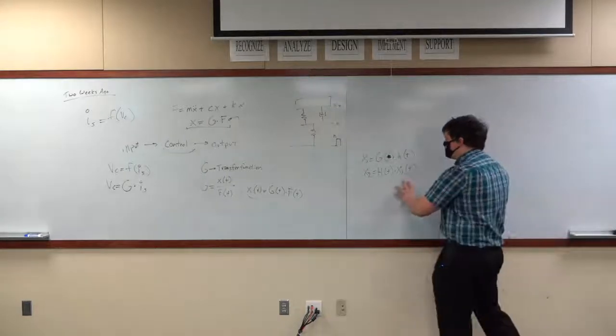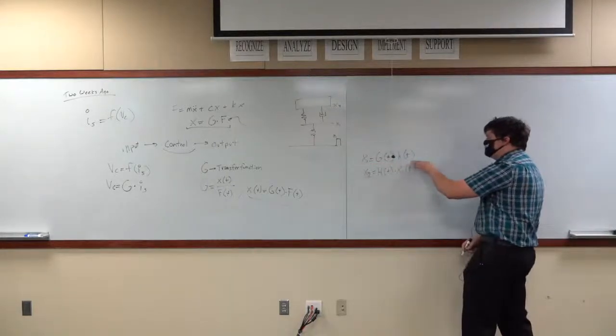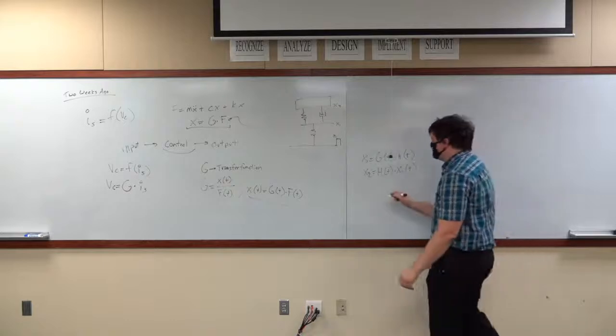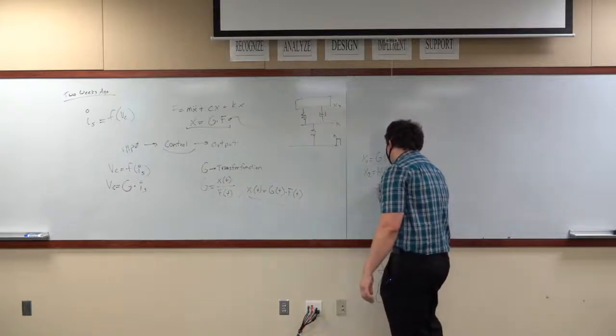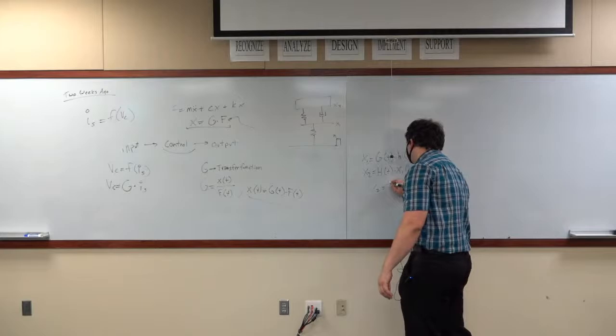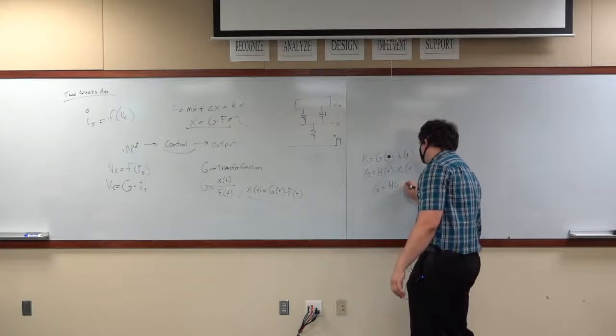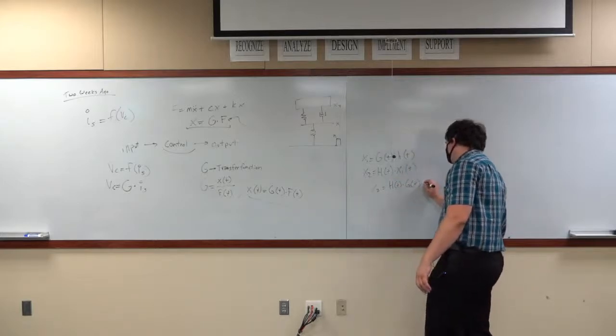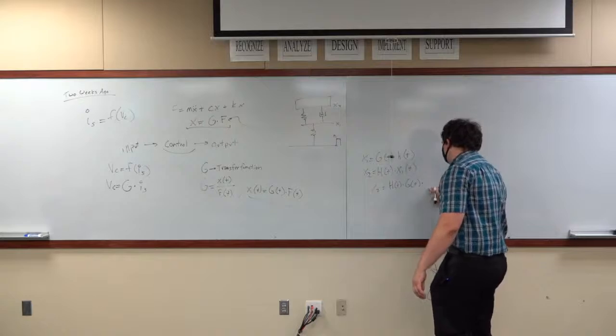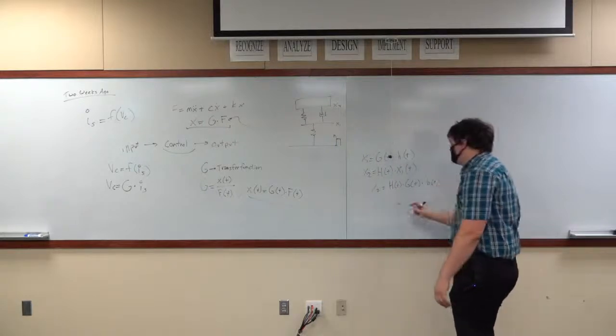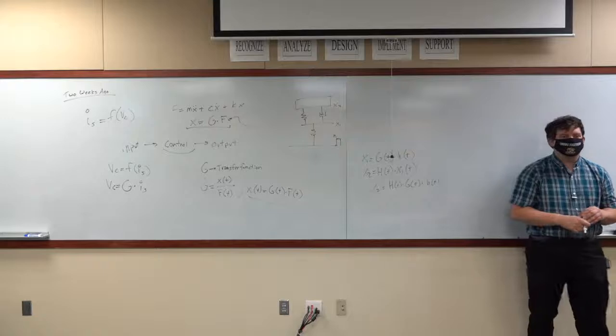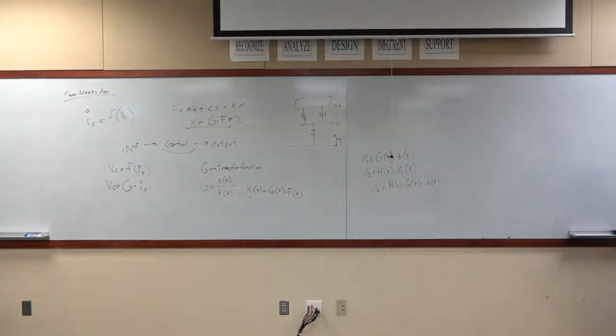Well, if we know that x1 of t is equal to g of t times h of t, that means that x2 is equal to h of t times g of t times h of t, which means we can find the overall movement of the system if we know the two transfer functions that lead to it.